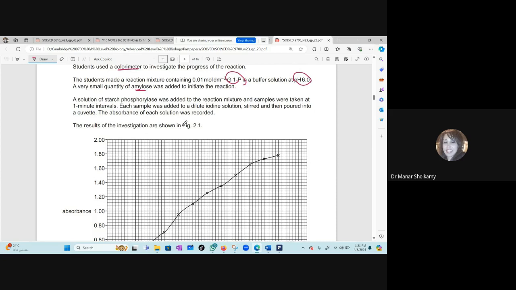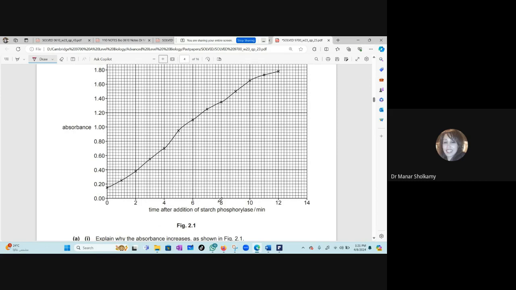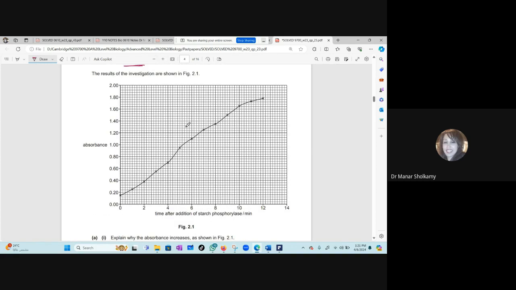Now, this is one of the rare exams that talks about the colorimeter in detail. What is the absorbance? The results of the investigation are shown. You have here the time after addition of the enzyme and the absorbance. And the absorbance is increasing. Now, we have a graph like this in your notes, and we talked about absorbance in a colorimeter. What is the absorbance?